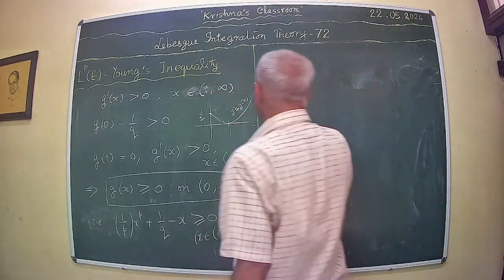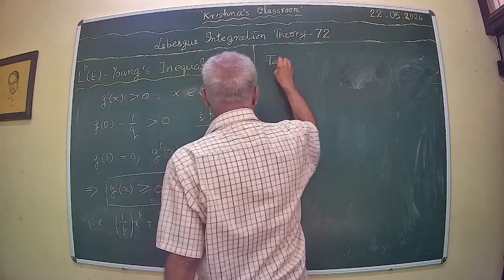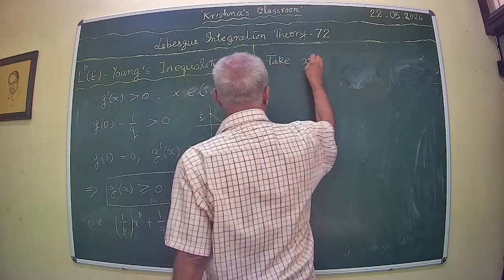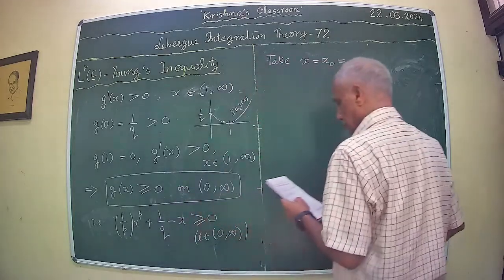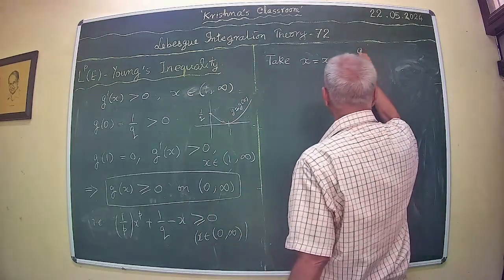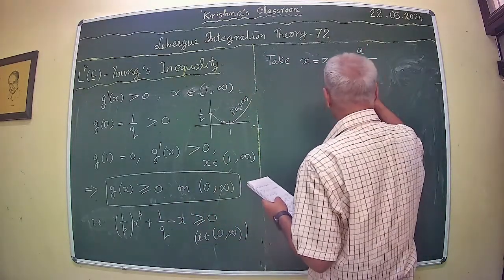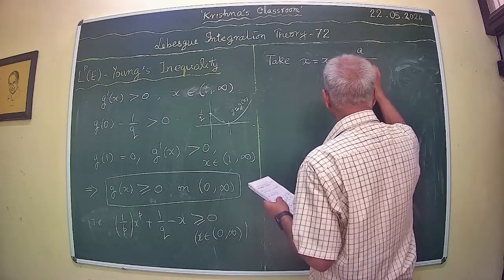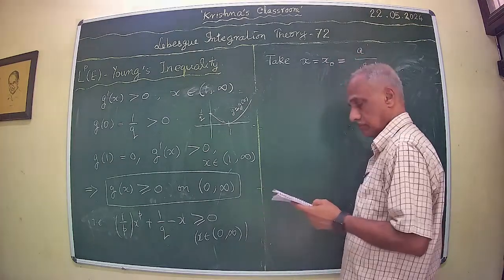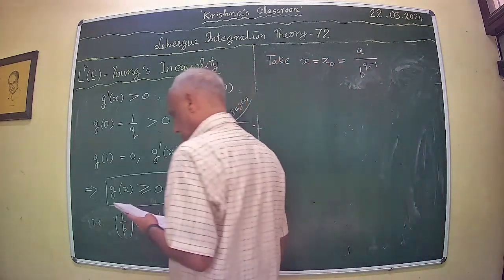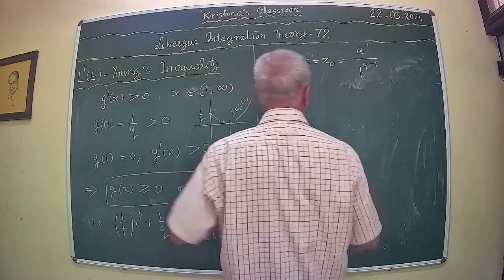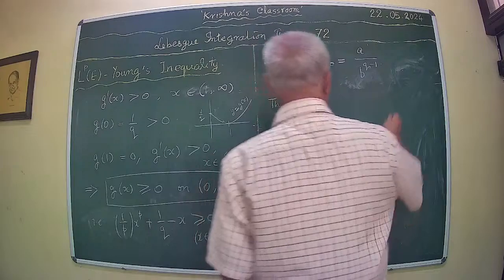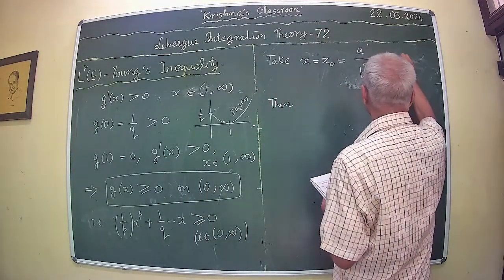Now we take x naught, a specific value of this, which is equal to a divided by b to the power minus. Then what we have is, now this is certainly positive.